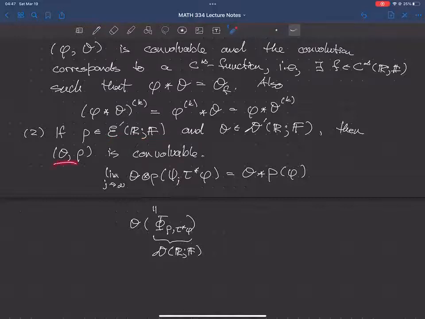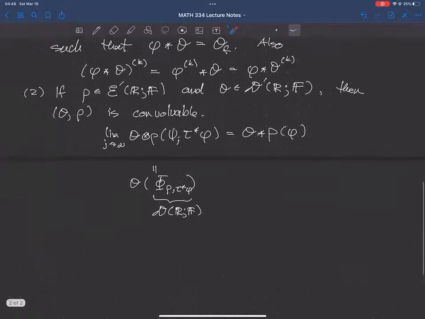So you can always convolve things with distributions with compact support, and this is one of the classical cases that people talk about in distribution theory. One of the reasons that it's interesting is that it includes the Dirac distribution.